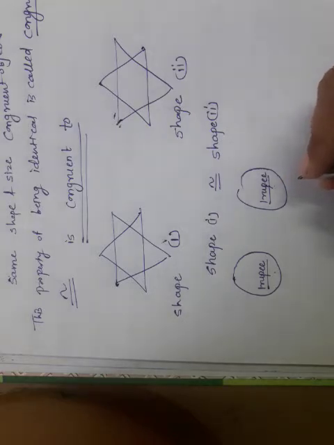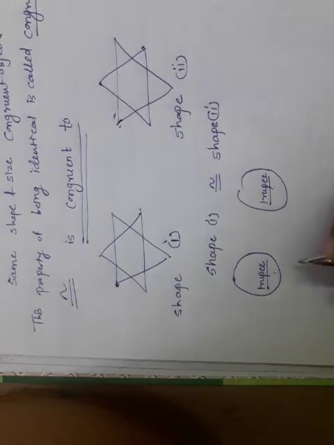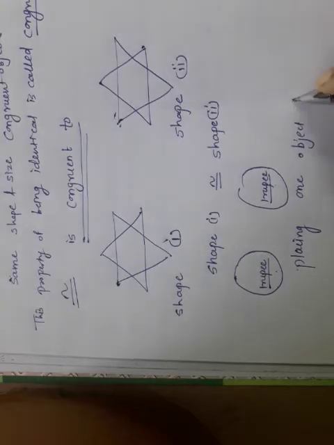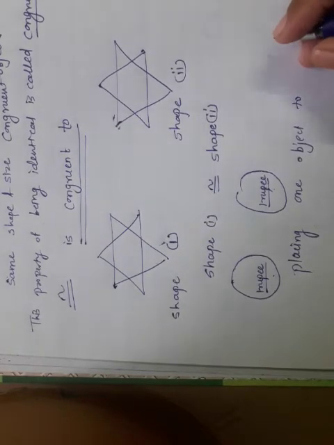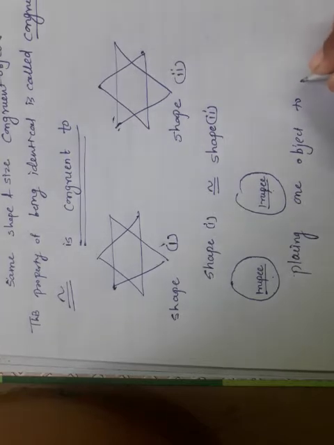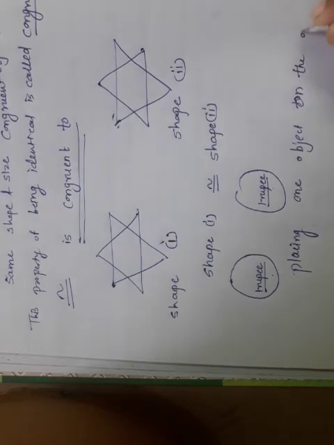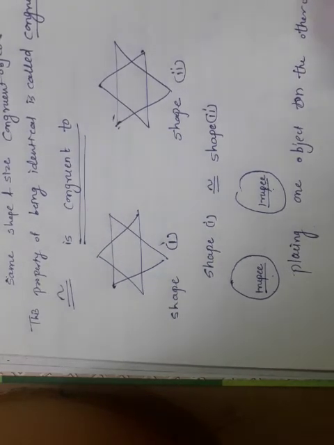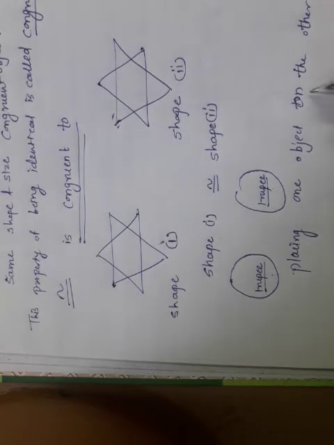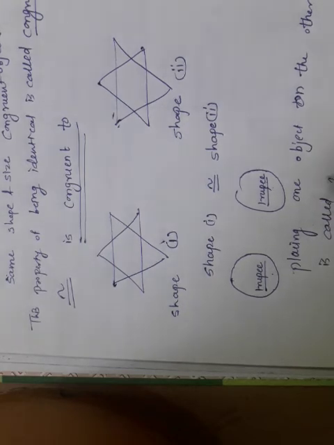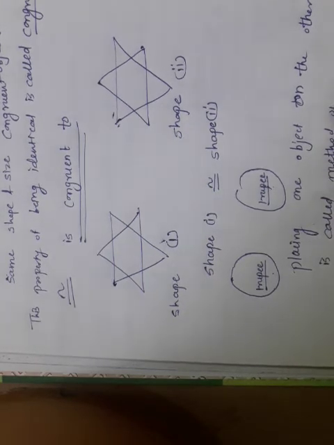This method of examining congruence by placing one object on the other object is called the method of superimposition.